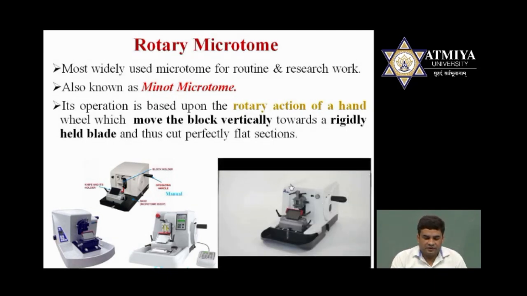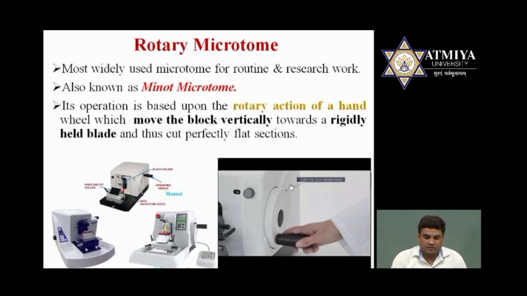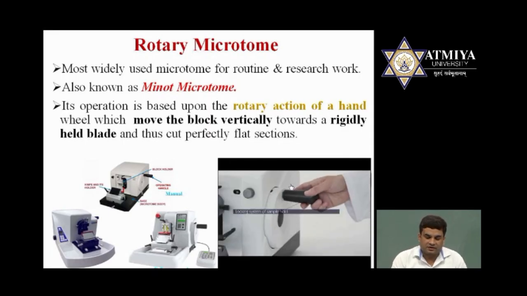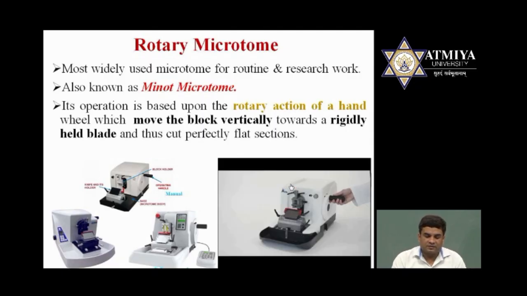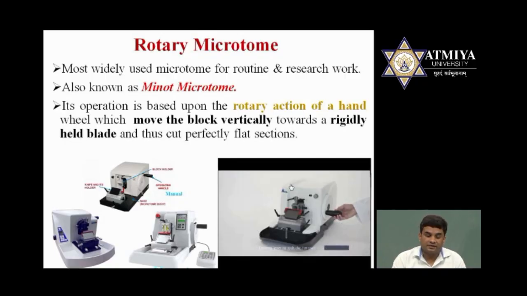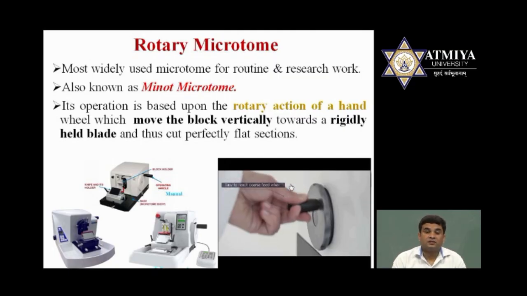I want to show one video of a manual rotary microtome and how it works. Then you will get a better idea of its function. See, here you can vertically move the sample holder using the hand wheel. See how the sample is moving vertically toward the knife. Another wheel is at the back side of the microtome. This is called the coarse wheel.